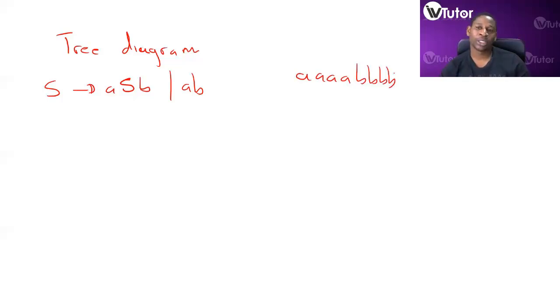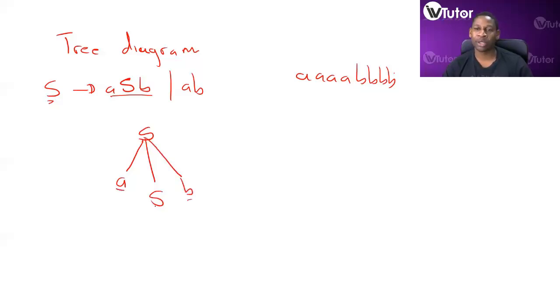The root node becomes S, and then S breaks down. Our word starts with an A, so we use the production starting with an A. It goes to A, S, and B. Then these are terminals, they are fine.